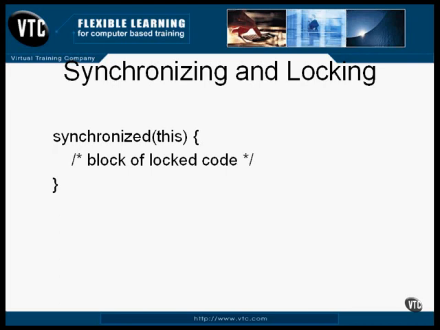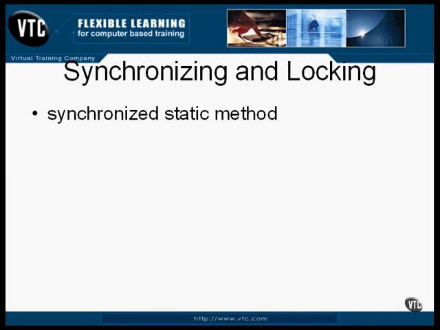So it's possible to block several snippets of code within a method, which will allow multiple threads to execute the same method, but they will wait and take turns at sensitive sections. A synchronized static method does not associate with an object because a static method is associated with a class, not an object of the class, and monitors only exist for objects.